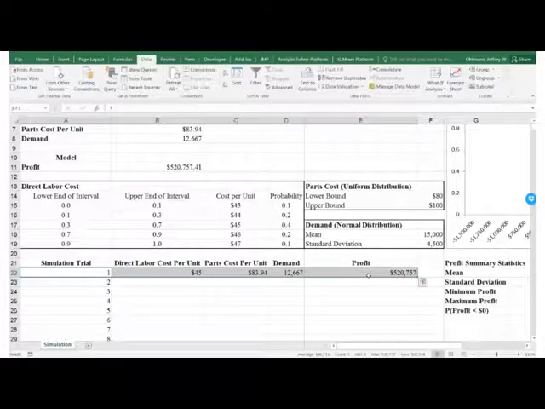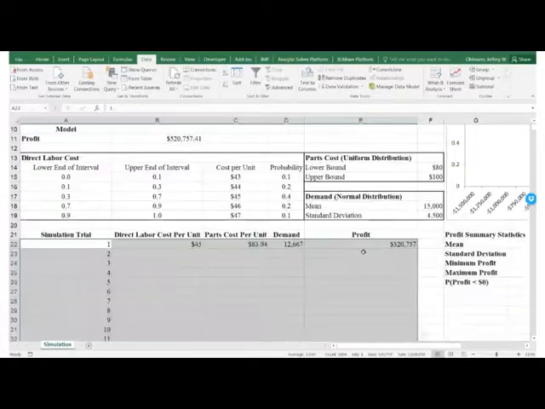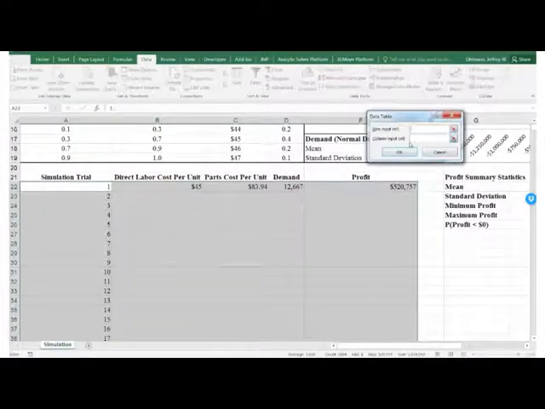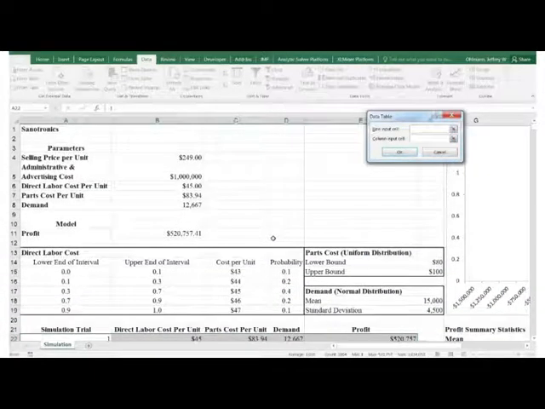Then we highlight the entire table and on the data ribbon, go to What If Analysis and select a data table. The data that we are using is the simulation trial number, and all we would like to do is plug that simulation trial number into some blank cell in the spreadsheet. I will select cell D1 and hit OK.